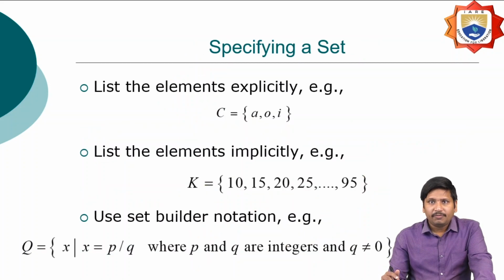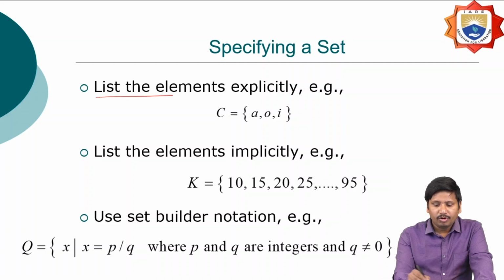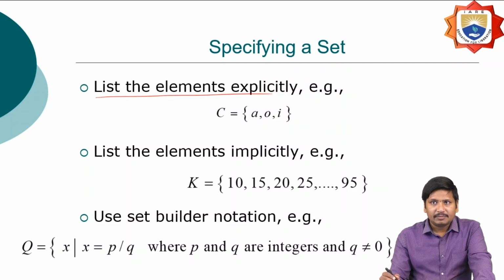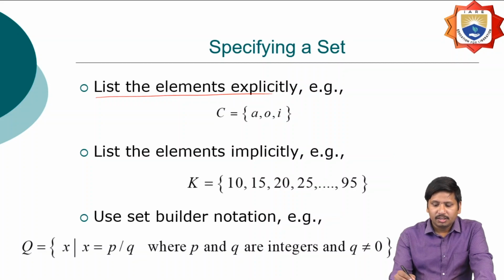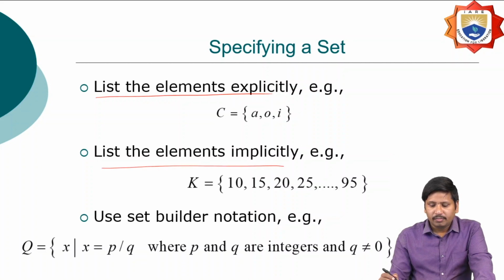And the next topic is specifying a set. How can I specify a set? Suppose I list the elements explicitly, like C = {A, E, I, O, U}. Similarly, if I want to list the elements implicitly, I have to follow this convention.